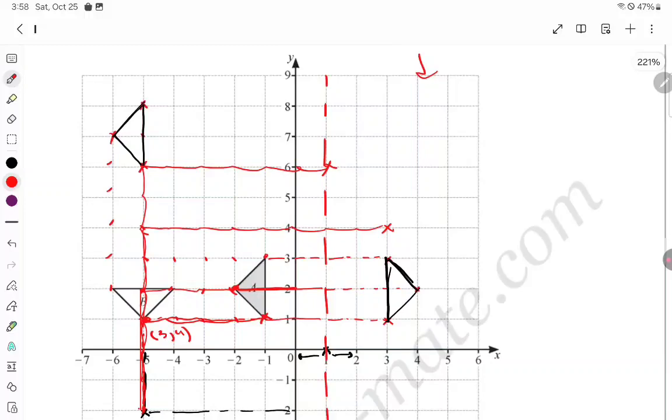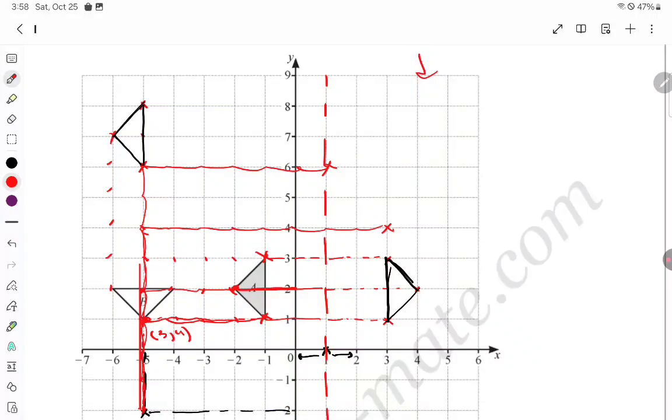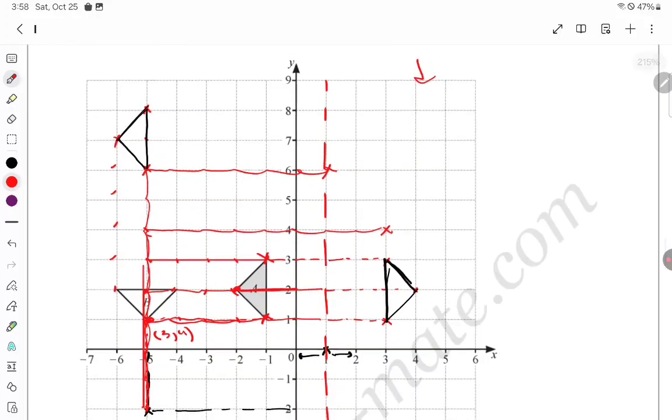For the third point, again for this point, calculate 1, 2, 3, 4, 5 and 1, 2, 3, 4, 5. 5, 5 will become 10 and 8.